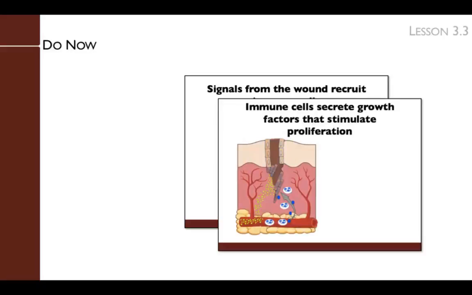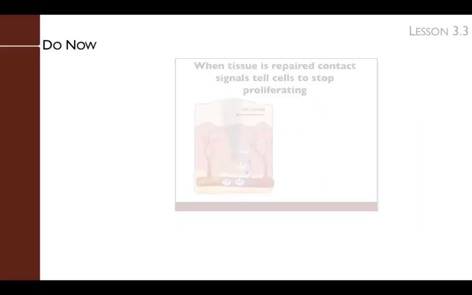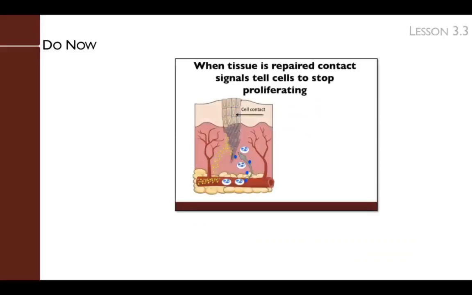The immune response to this wound is called inflammation, but cells don't need to proliferate forever. When the tissue is repaired, proliferation should stop, so there must be stop signals. Students should remember that cell contact is a major way that cells know when to stop proliferating.